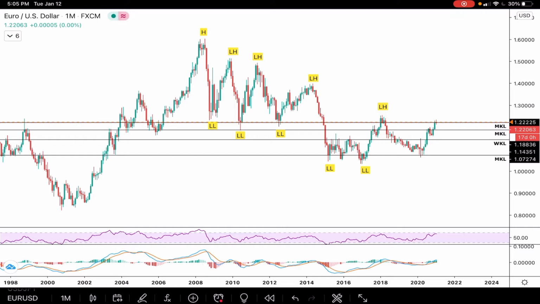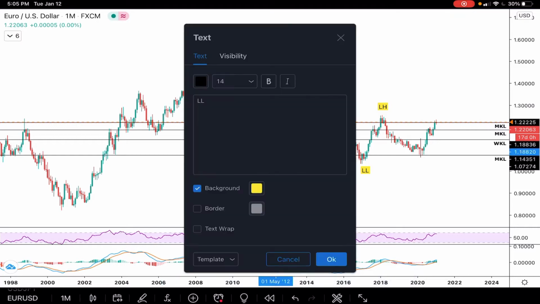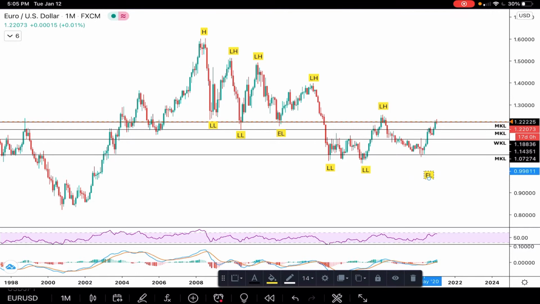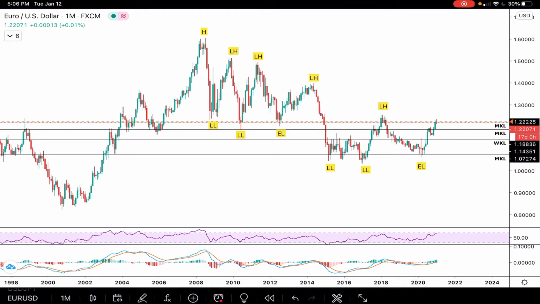So now we have, and I'll just put this as an equal. This is an equal low. And just for the sake of the video, that's more of an equal low as well. So right now I don't necessarily see structure being broken.